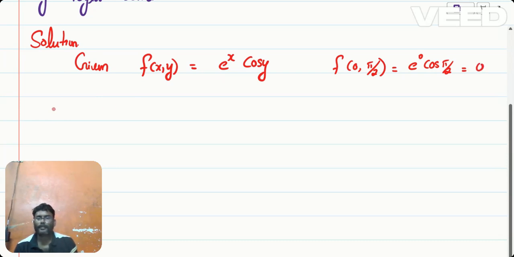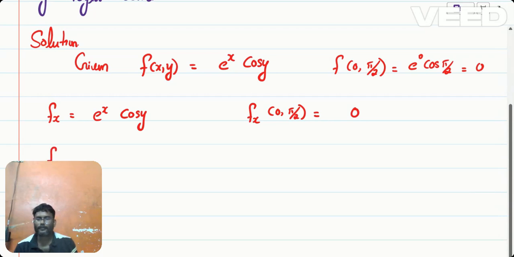Next, f suffix x which is equal to e power x cos y. Next, f suffix x of 0 comma pi by 2 will be same, 0.